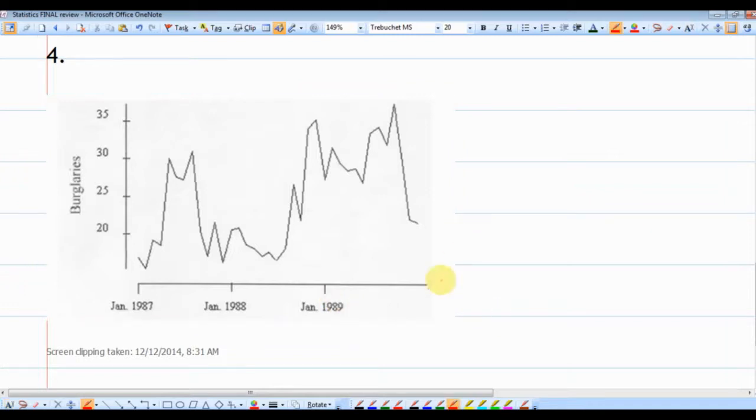Just to give you an idea, 1988 starts here and ends here. So basically we're just looking in this highlighted region. Where do we have the most burglaries? Around the end. It's basically that huge peak, right? You don't need to be in AP Stats to know that.